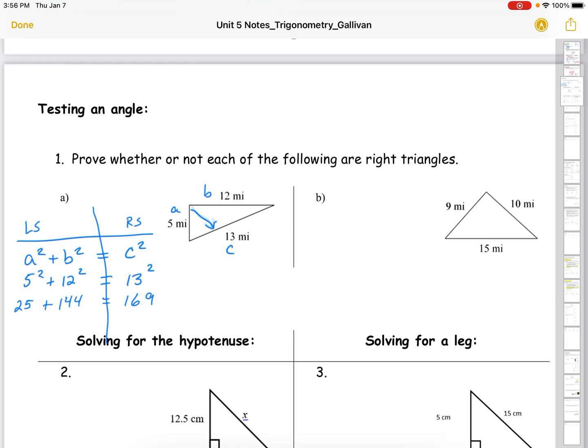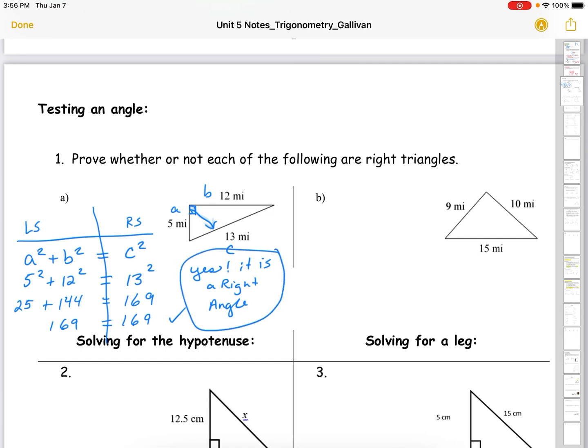When I add 25 and 144, I get 169, which does indeed equal 169. So check. Yes, it is a right angle, because the relationship works.